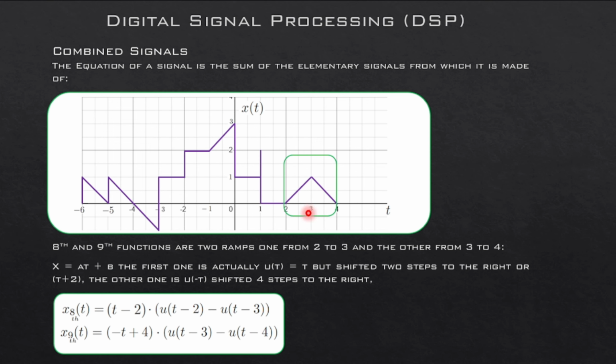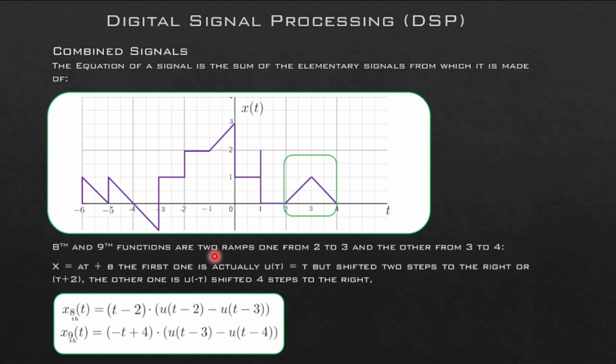Now let's get the other one, which is right next to it. x9(t). All right, now this is the ramp function, but it is inverted. So if you imagine that this is the function, okay, it is inverted. So that's x(-t), but shifted 4 to the right.